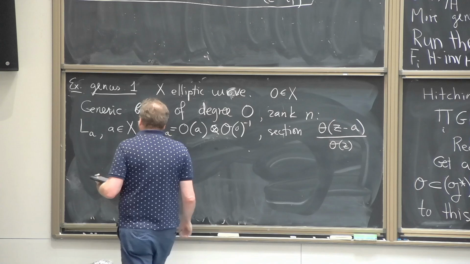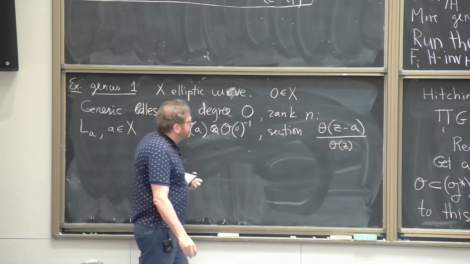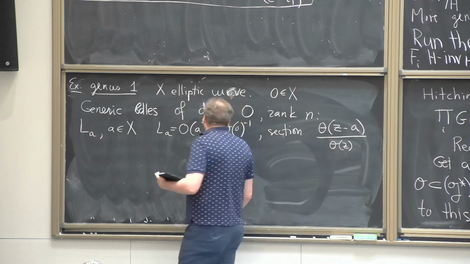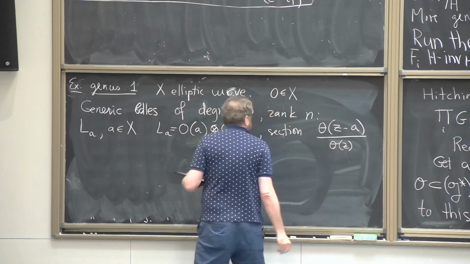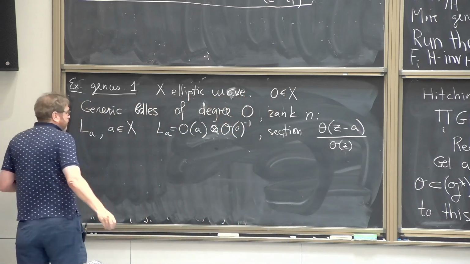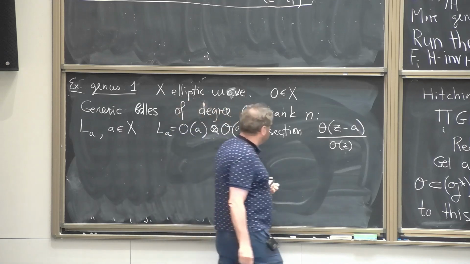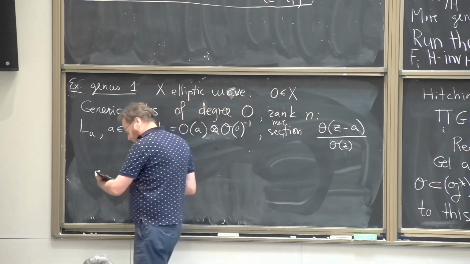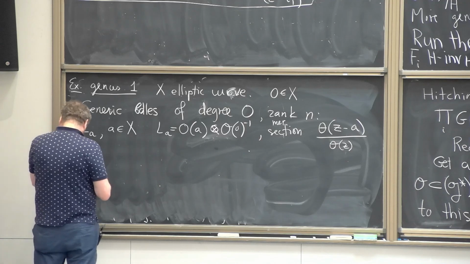So this section is meromorphic. It has a pole of first order at 0. For A different from 0, this does not have a holomorphic section, but it has a meromorphic section, which is this thing. And this section really defines this bundle.